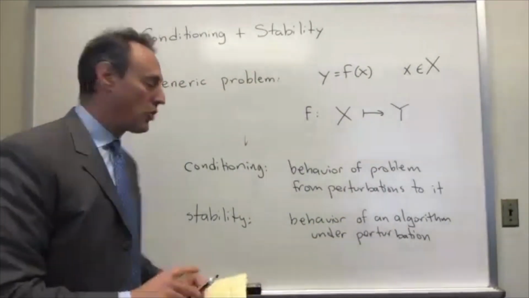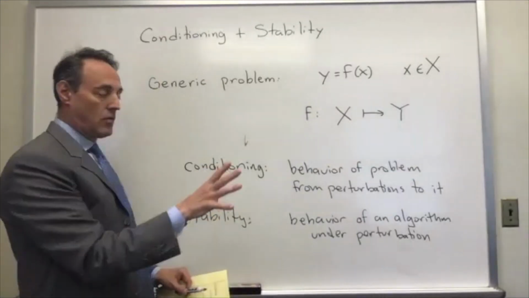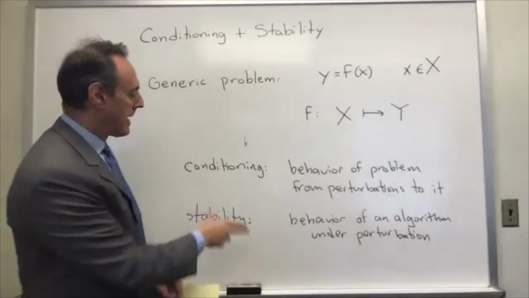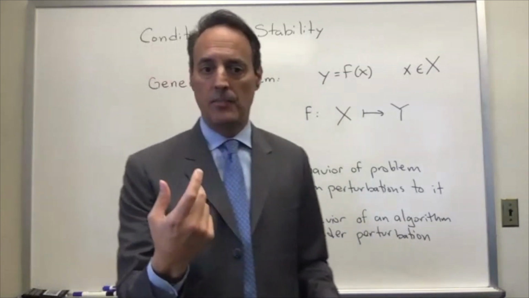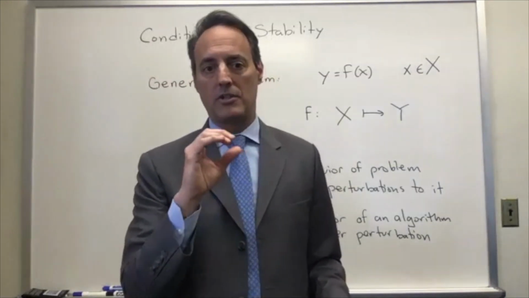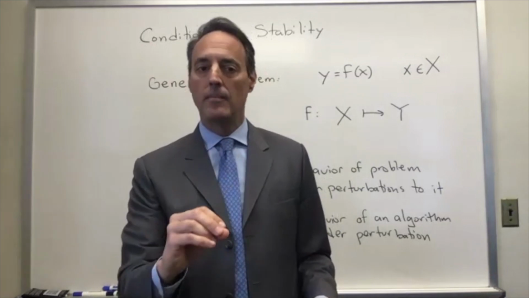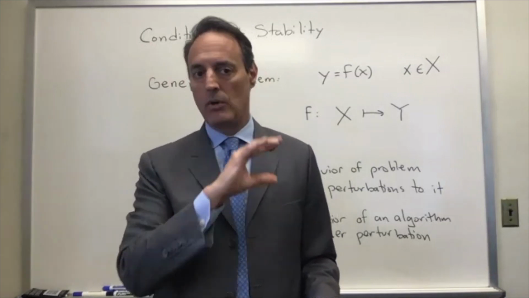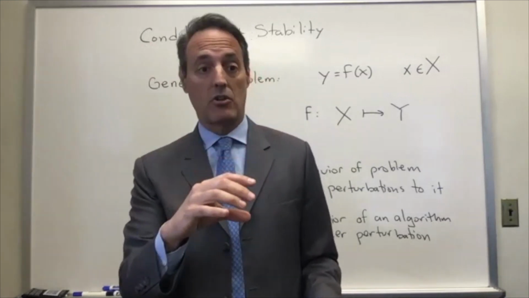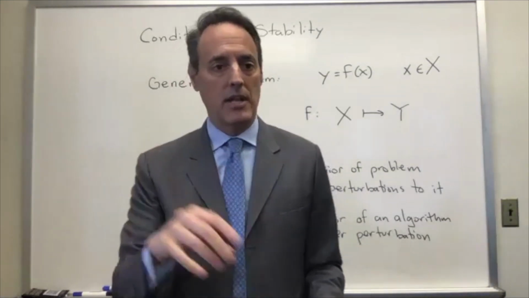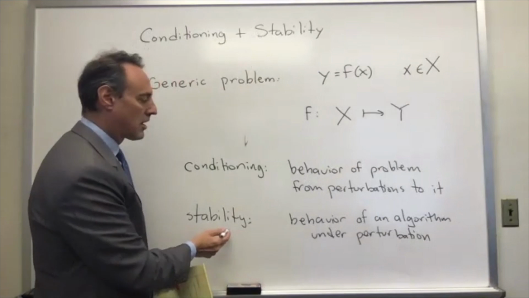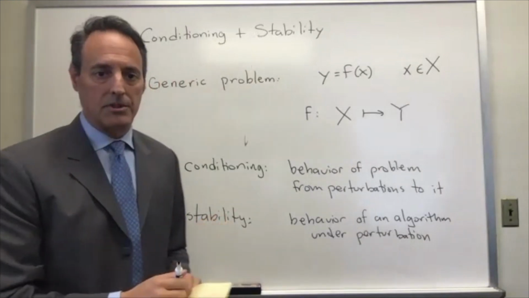All right, so these are the main ideas. Today we're going to talk about conditioning. We're going to define the concept of conditioning in a more specific and rigorous way, and then talk about it especially in the context of Ax = b. As we go forward in the next set of lectures, we'll also talk about the stability of algorithms.